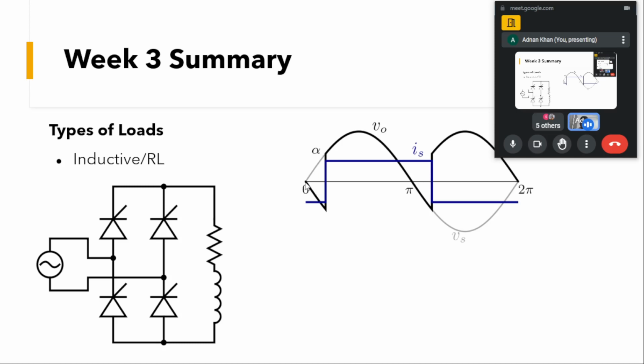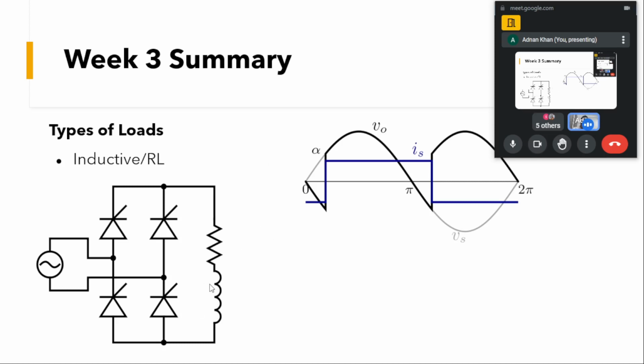So at an instant alpha, these diagonal diodes will conduct, and the output voltage will trace the voltage of this waveform. The darker black is the output voltage, starting from the instant alpha where we trigger these devices. As you can see, we have an L here.